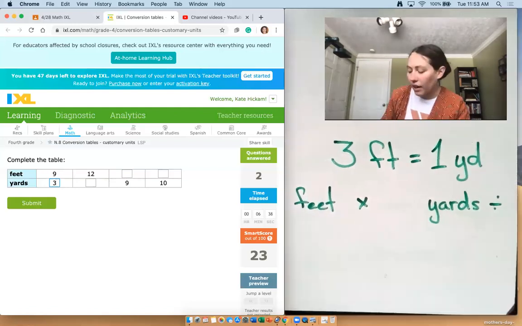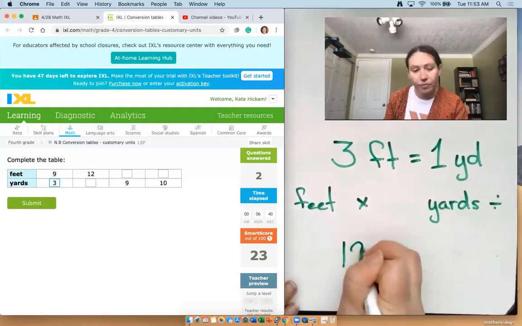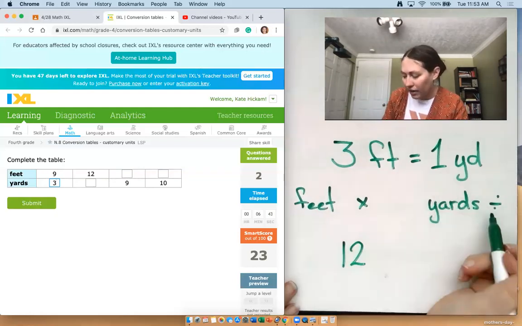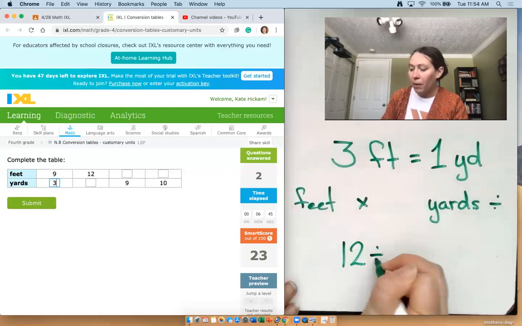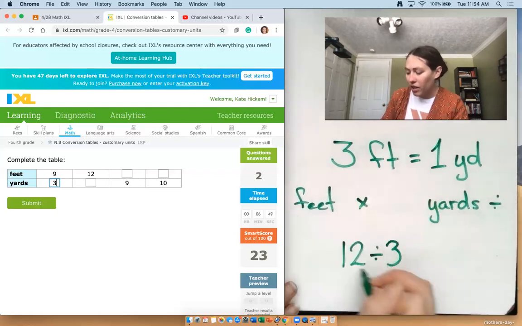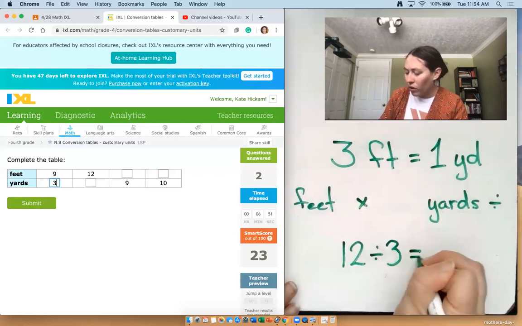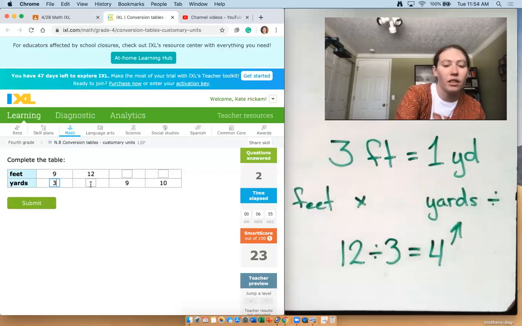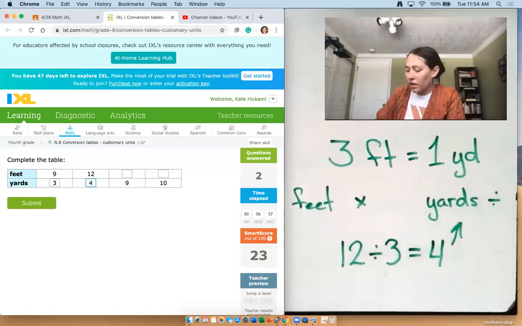My next one, I have 12 feet. I'm looking for yards, so I'm going to divide by the number of feet in 1 yard. 12 divided by 3 equals 4. So I'm going to get 4 yards. Okay.